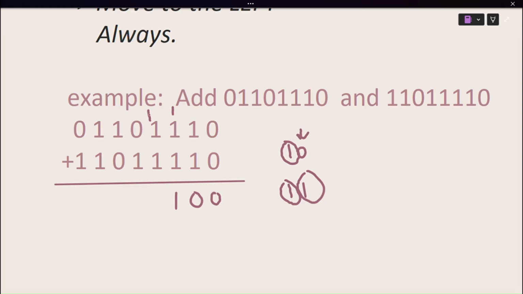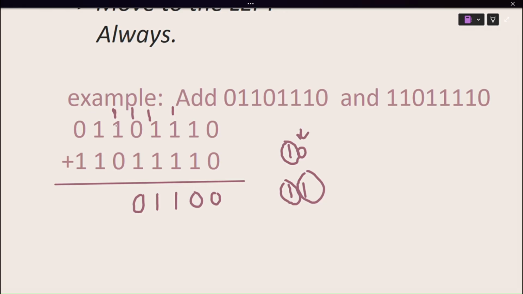Now again I have 1 plus 1 plus 1, so it's going to be 11. Now here you can see it is 1 plus 0 plus 1. Ignoring the 0, 1 plus 1 is equal to 10, so 0 goes into the sum part and 1 is going to be carried away.